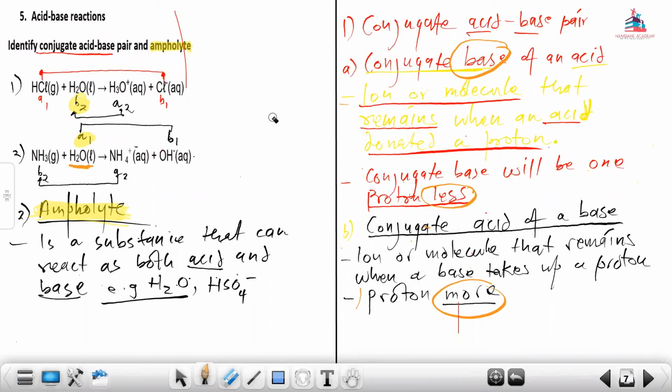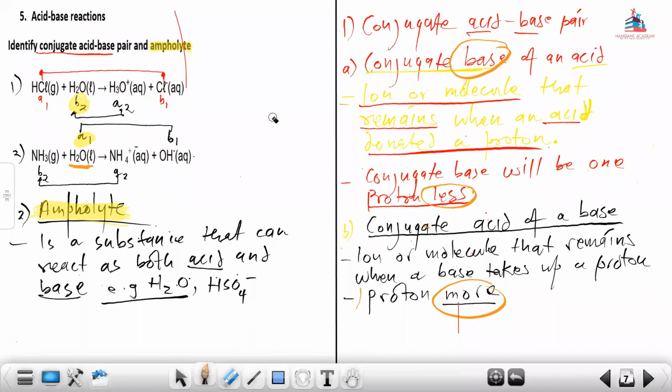So going back to the ampholites: are H2O and HSO4 minus the only examples of ampholites? No, they are not. There are a lot. But I didn't give you many because remember, we just want to comprehend the information. For one to clearly see or know if a substance is an ampholite, you need at least 2 reactions. Check: did it accept a proton?